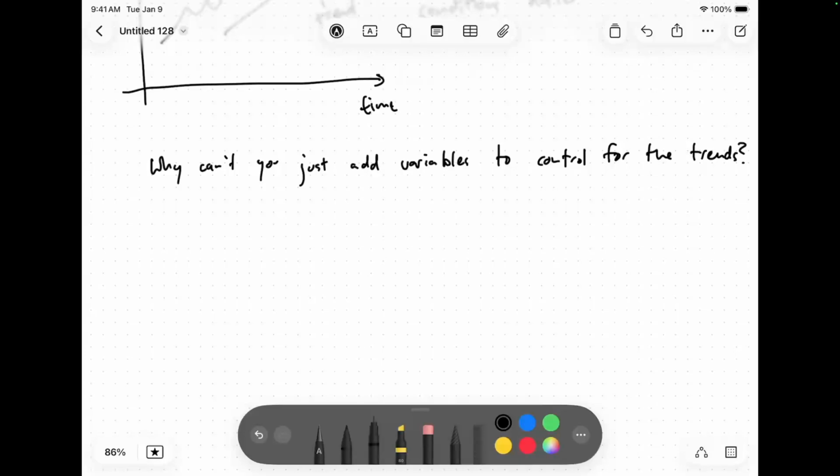So a lot of the ways we think about dealing with this ordinarily is essentially adding additional variables into the model in an attempt to control for that sort of upward trend, right?